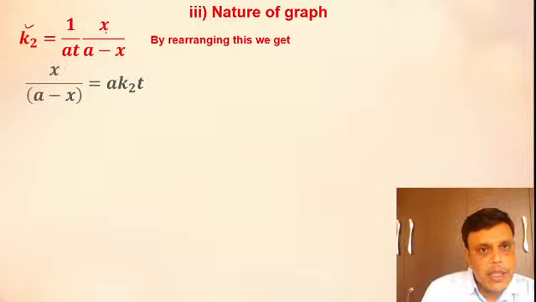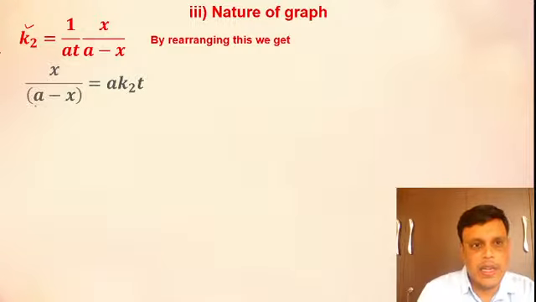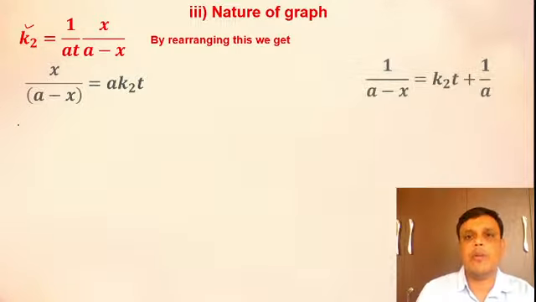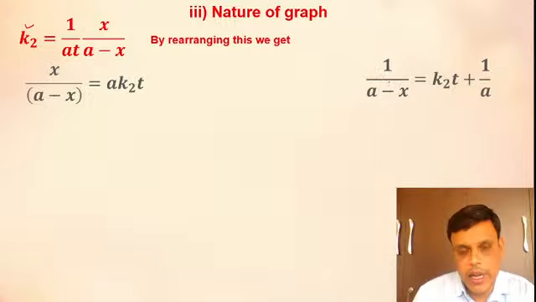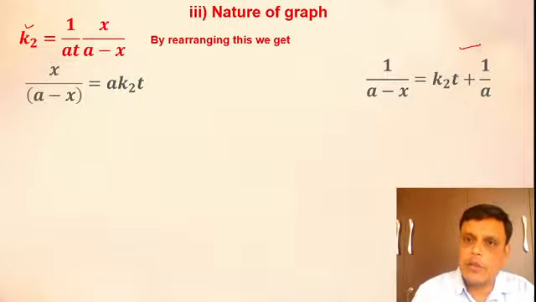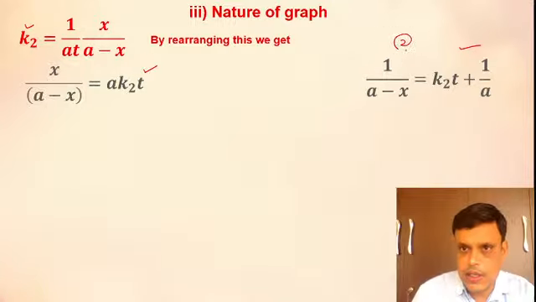We will take this a t to the left hand side, so x divided by a minus x is equal to a K2 t. Another way we will rearrange it: 1 divided by a minus x equals K2 t plus 1 by a. So in two ways we will rearrange it. This is the first way and this one is the second way.